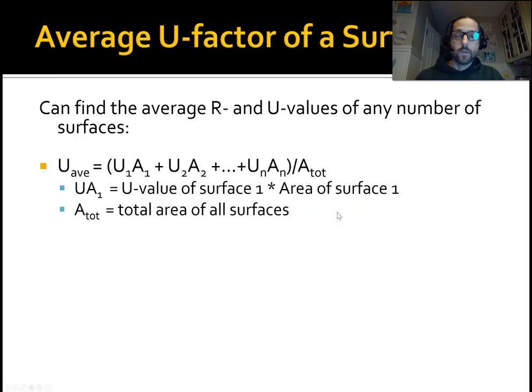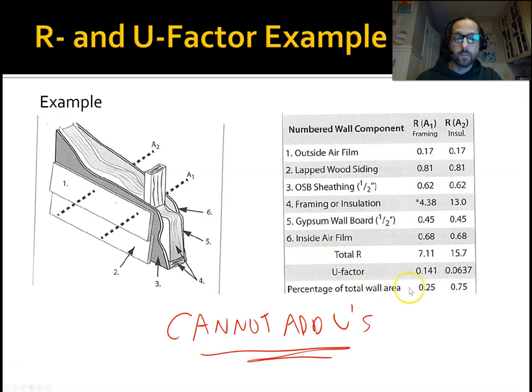We're going to find U average. This looks more complicated than it is; we'll do an example in a minute. There are two ways to do it. It's the U of 1 times the area of 1, plus the U of 2 times the area of 2, and so on, divided by the total area. We have 0.141 and 0.0637.